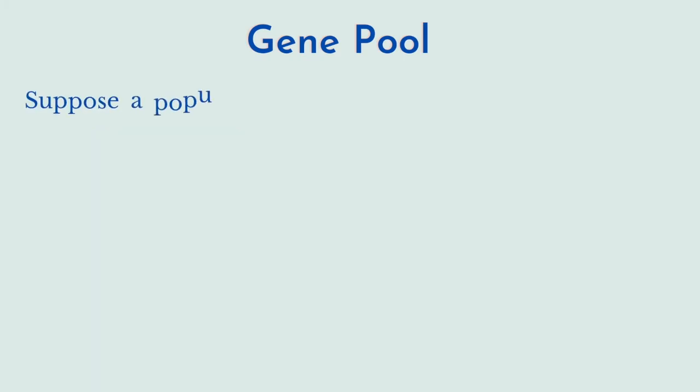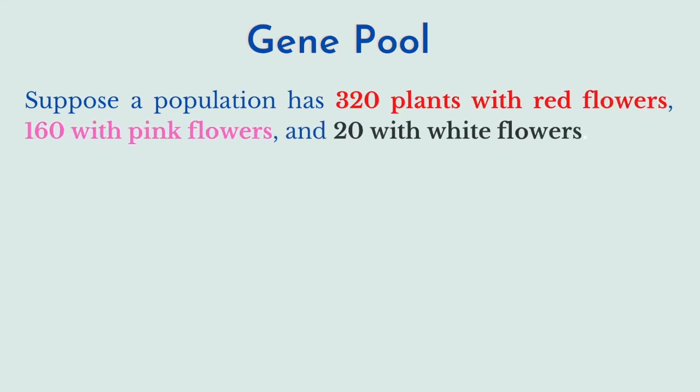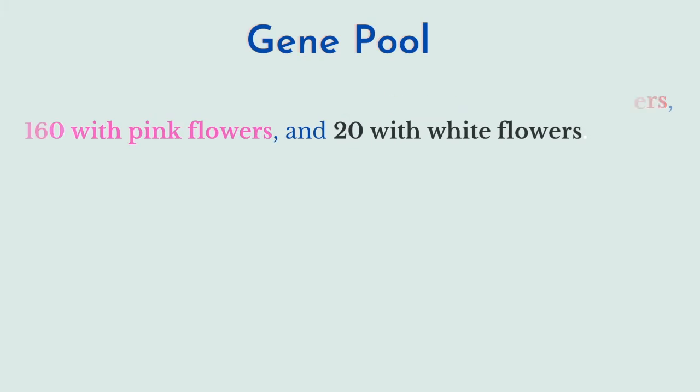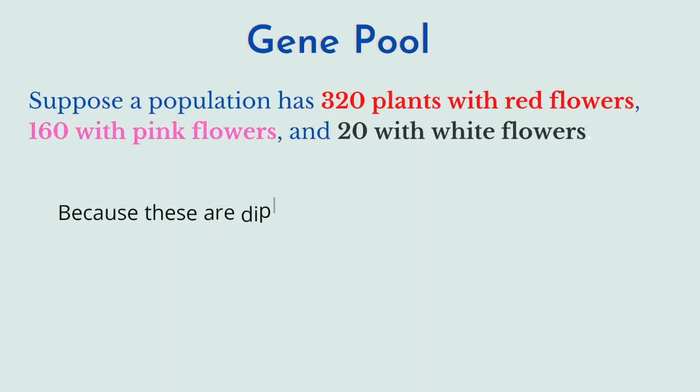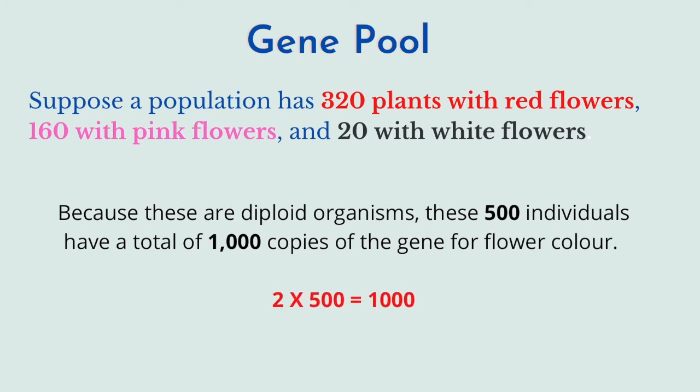For example, suppose a population has 320 plants with red flowers, 160 with pink flowers, and 20 with white flowers. For this population, the total number of individuals is 500. So, the total number of genes that control flower color within that population is 1000 copies of the gene.